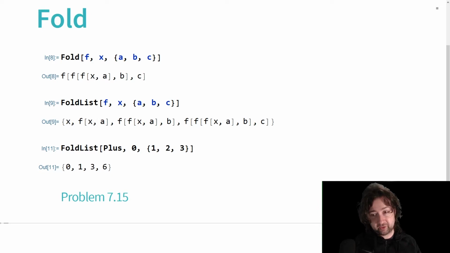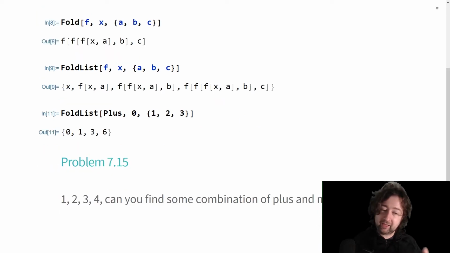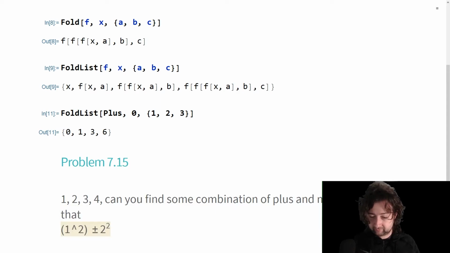So the question asks the following. Given a set 1, 2, 3, 4, can you find some combination of pluses and minuses so that the following equation holds? 1 squared plus or minus 2 squared plus or minus 3 squared plus or minus 4 squared is equal to 0.